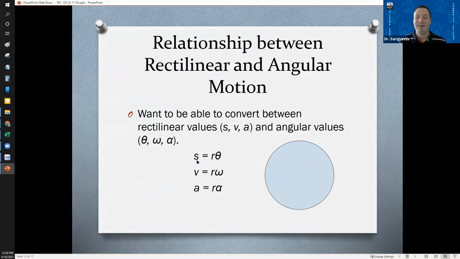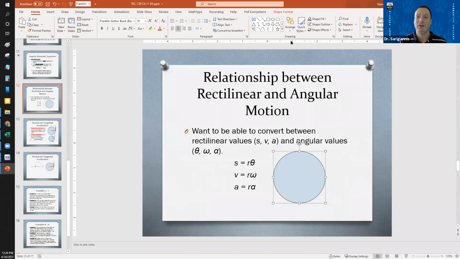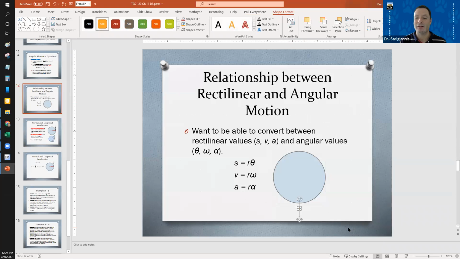I want you to think about this first equation. The radius times theta, where theta is in radians, gives you the distance. Now, if this is a wheel of a bicycle, and this wheel rotates one time around, I'll put a little dot here.